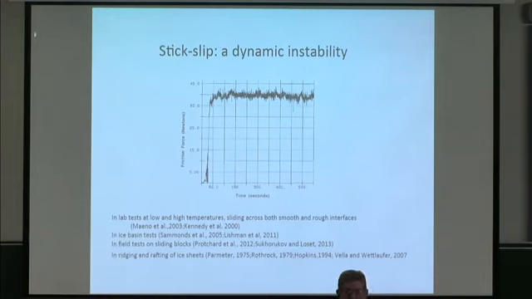There's a dynamic kind of instability in the stick slip process. I don't want to talk about it. I don't understand much about it, but it is a dynamic instability. What I will describe then is a kinetic coefficient of friction that's taken by the mean sliding load divided by the normal load.